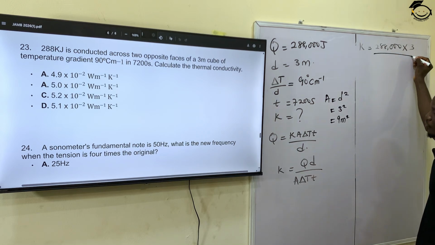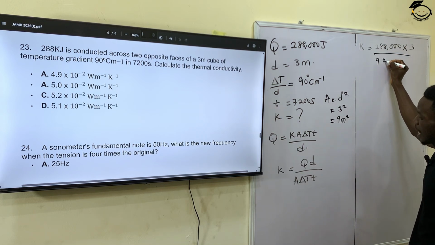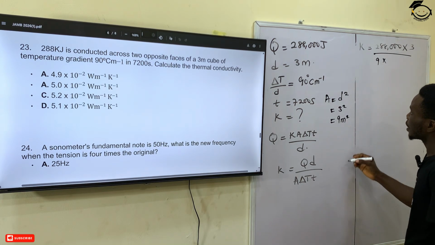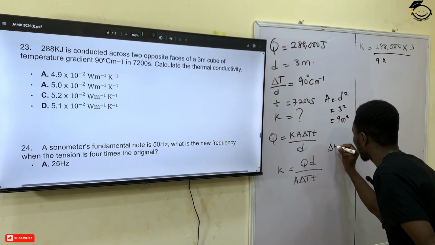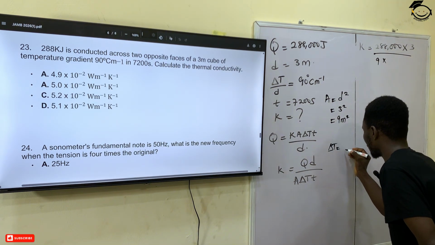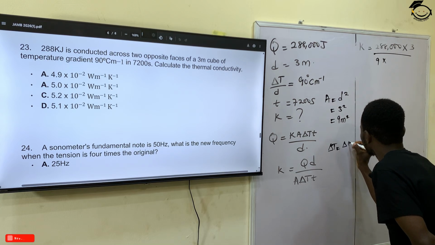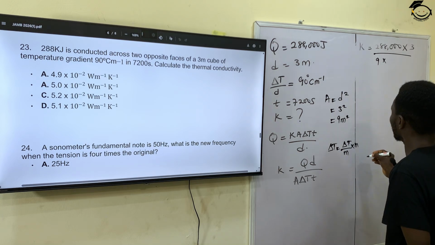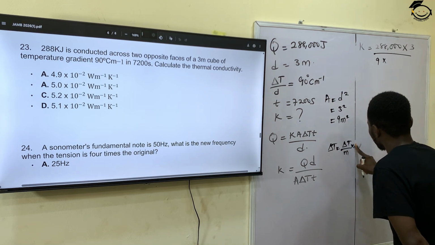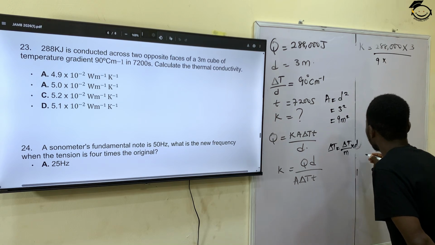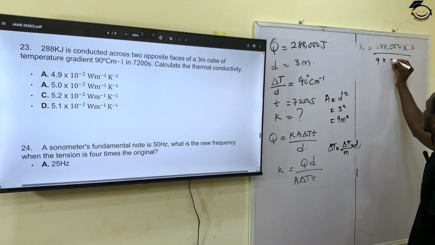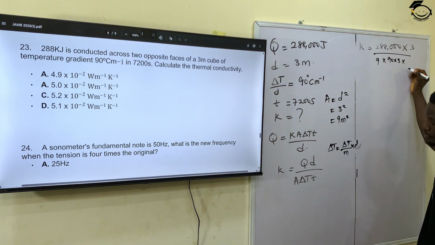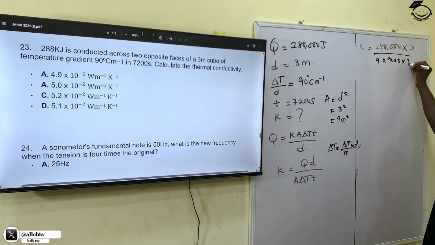So this is all over my area, 9, times my temperature. Change in temperature here was not given, so my change in temperature is supposed to be my temperature gradient times the depth. So I'll have 90 times 3, times my time, which is 7,200.